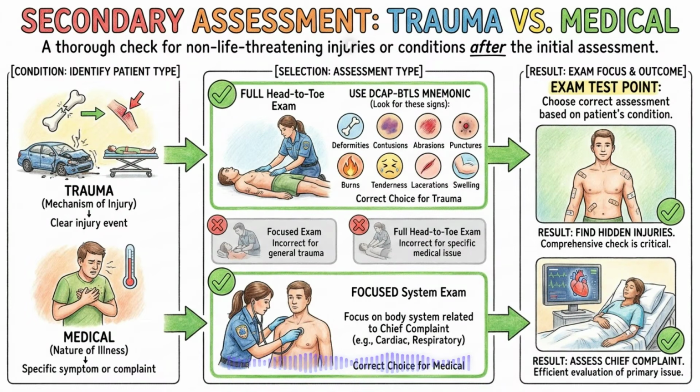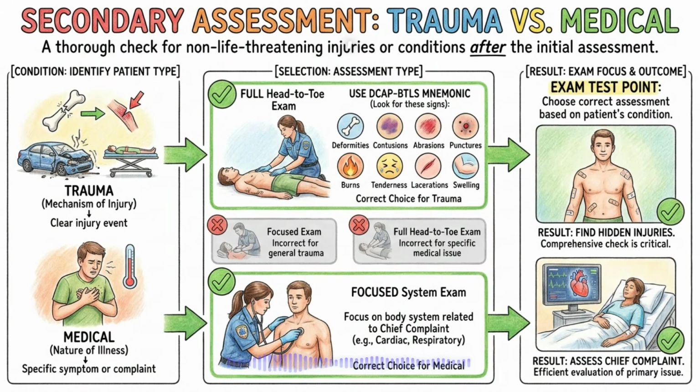For a trauma patient, you will palpate the head, neck, chest, abdomen, pelvis, and extremities, looking for deformities, contusions, abrasions, punctures, burns, tenderness, lacerations, and swelling, collectively known as DCAPBTLS.